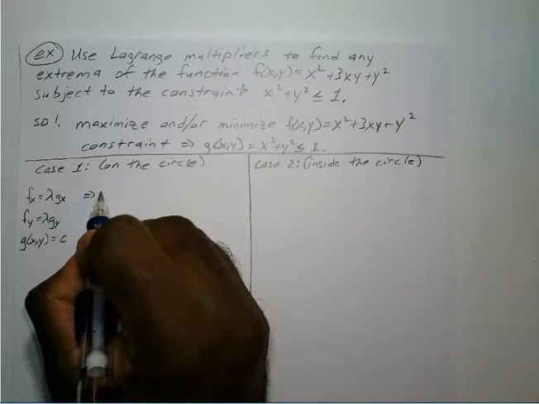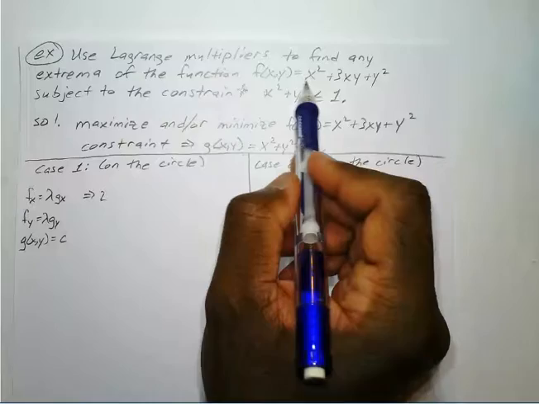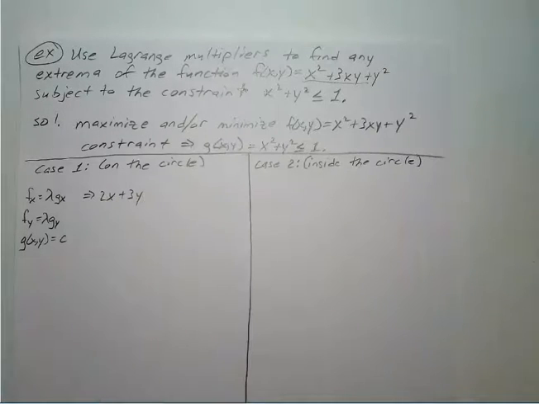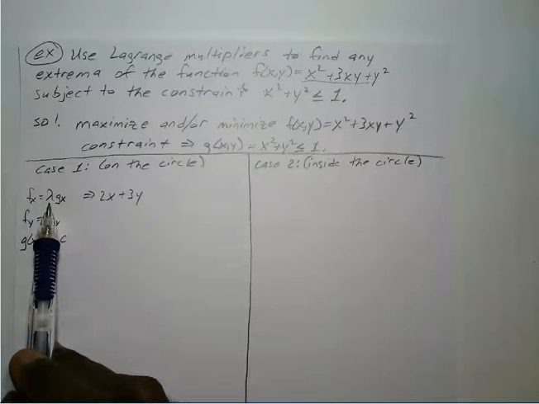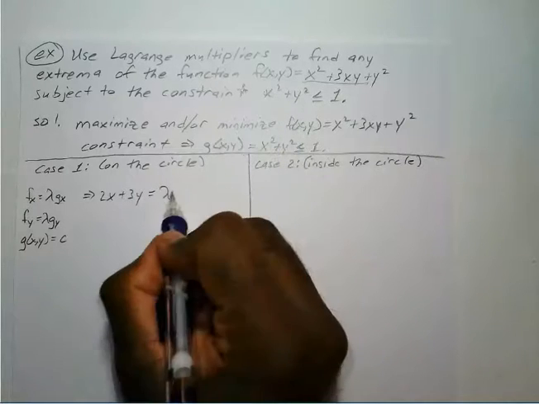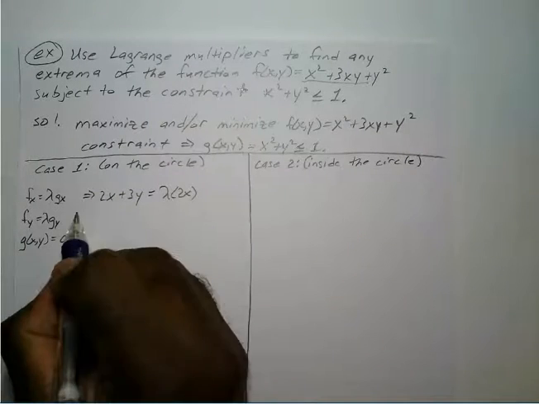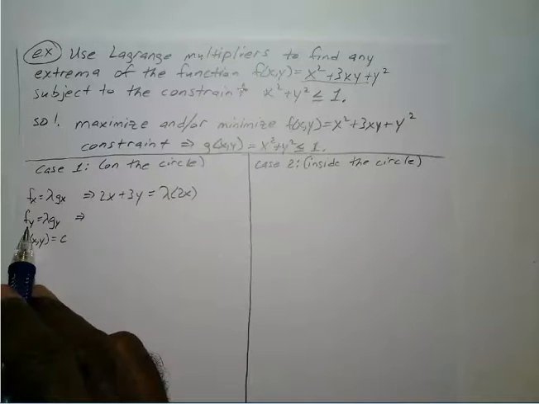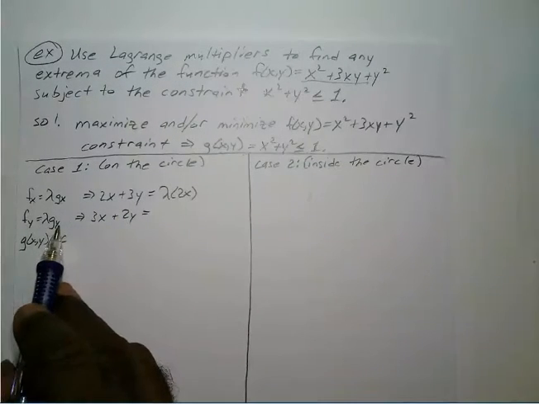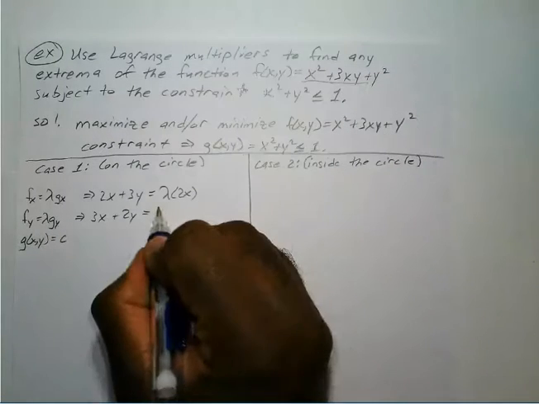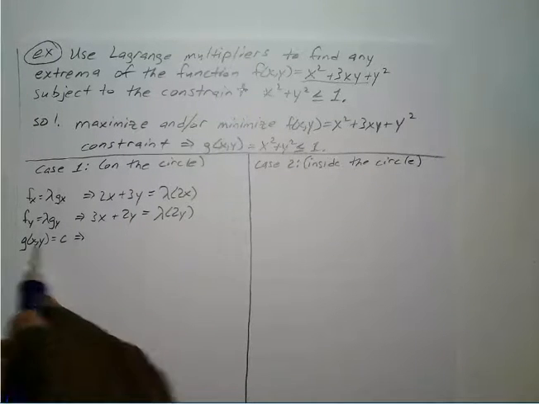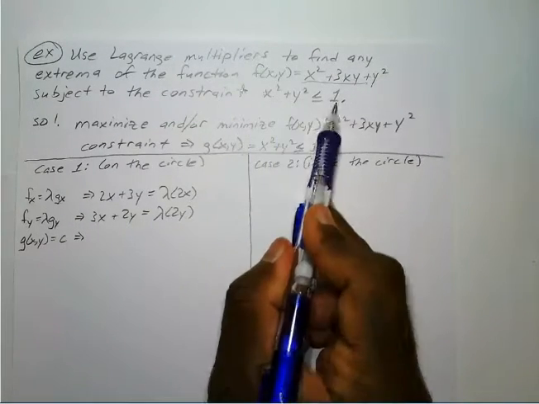So that means we have 2x plus 3y is our partial with respect to x, and our partial of g with respect to x times lambda is going to equal lambda times 2x. And our partial of f with respect to y is equal to 3x plus 2y is equal to lambda times our partial of g with respect to y, which is 2y. And our constraint, g of x, y equals c, is x squared plus y squared equals 1.